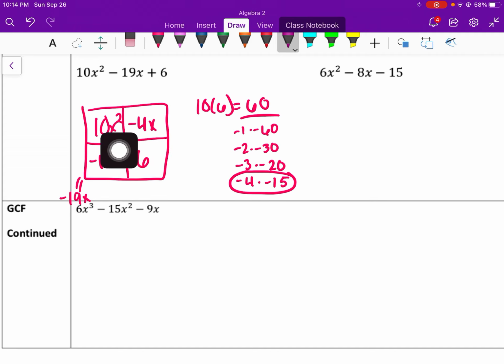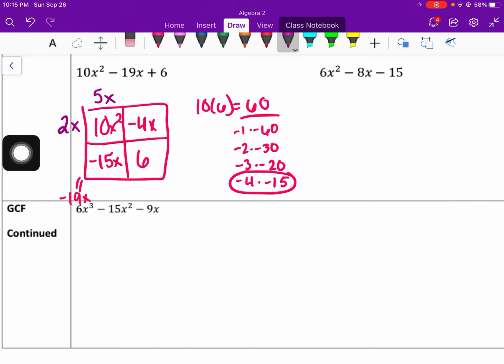The first row, 10 and 4 are both divisible by 2, and then an x, and then 15 and 10, the first column, they're both divisible by 5 and an x, and 2x times 5x is 10x. And then the second column, up and down, they are both divisible by 2.